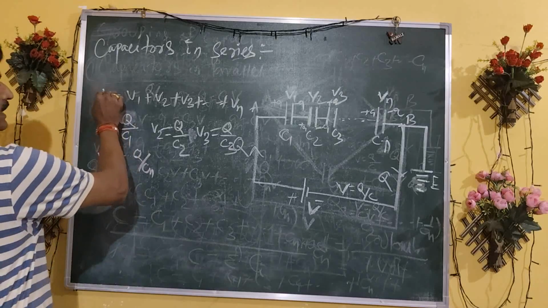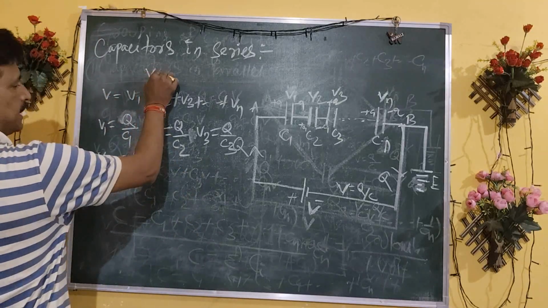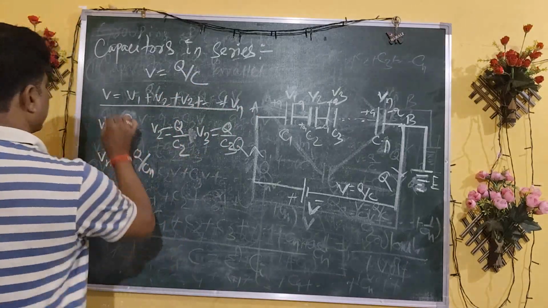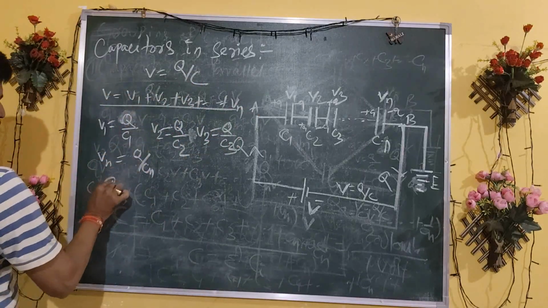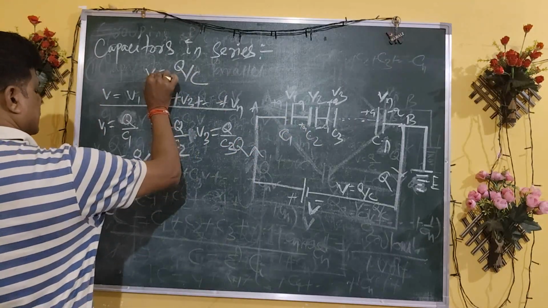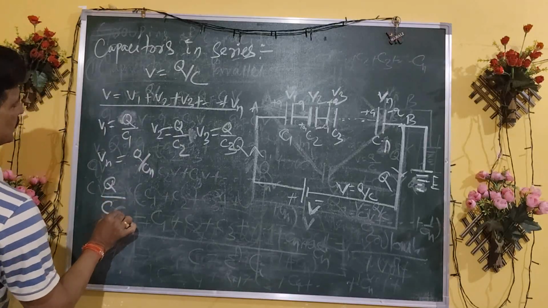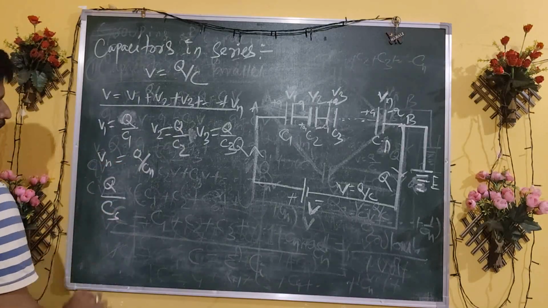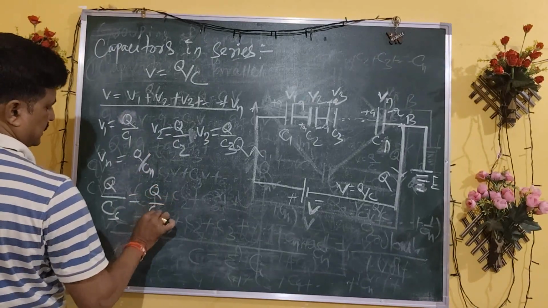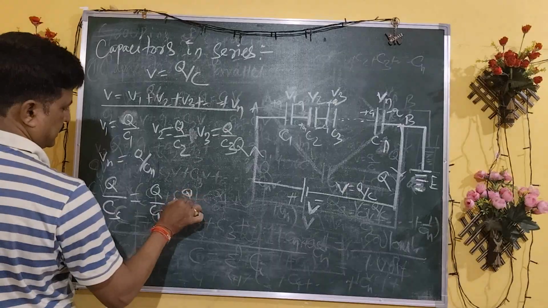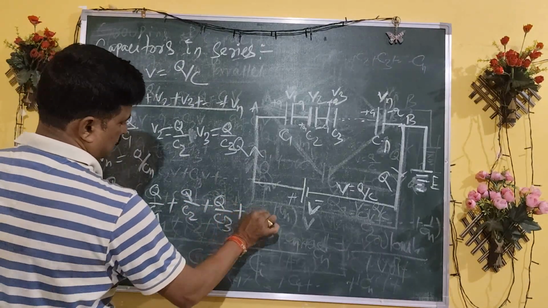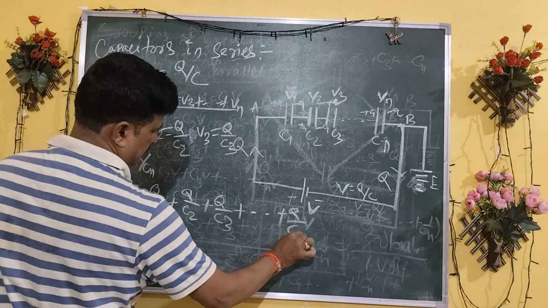Now, as you know, V is equal to Q by C. Putting this value in the equation, it becomes Q by C. As we are taking a series connection, we can write this as Cs for series, equal to Q by C1 plus Q by C2 plus Q by C3 plus dash plus Q by Cn.